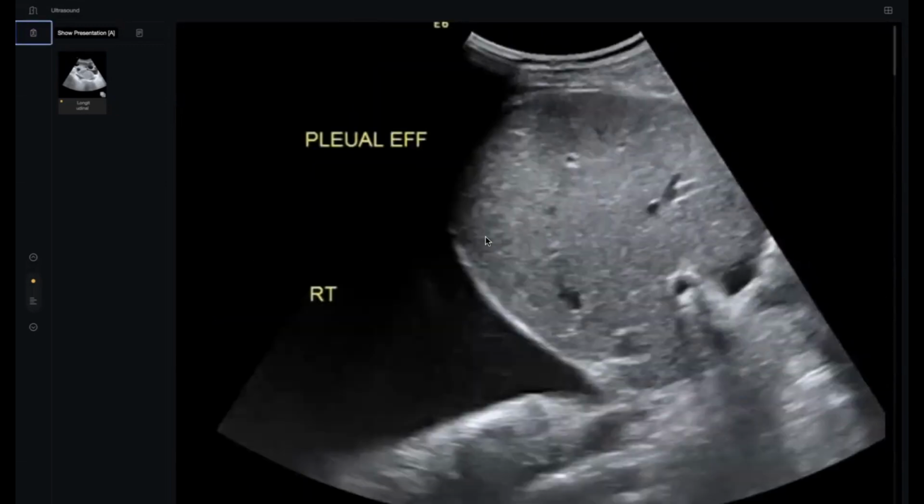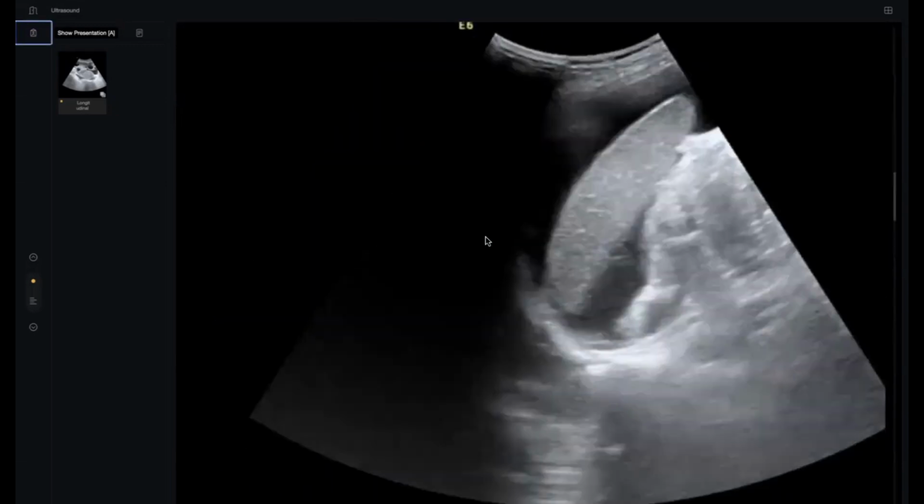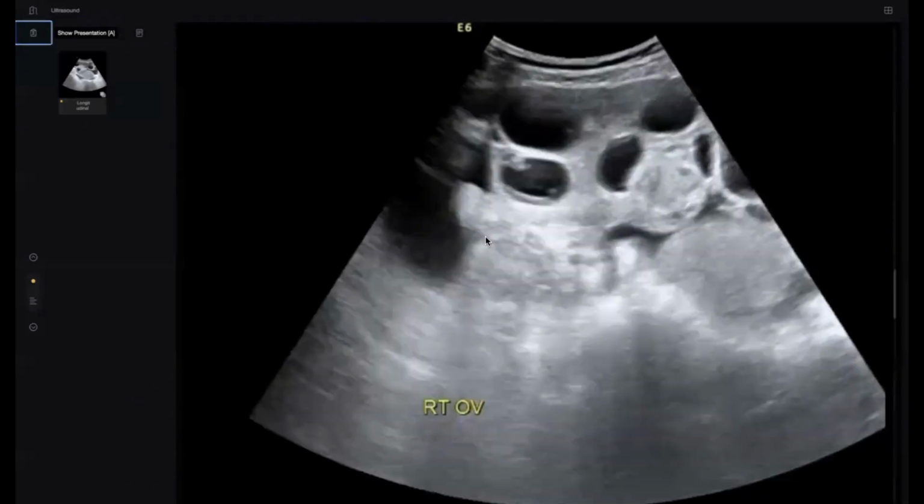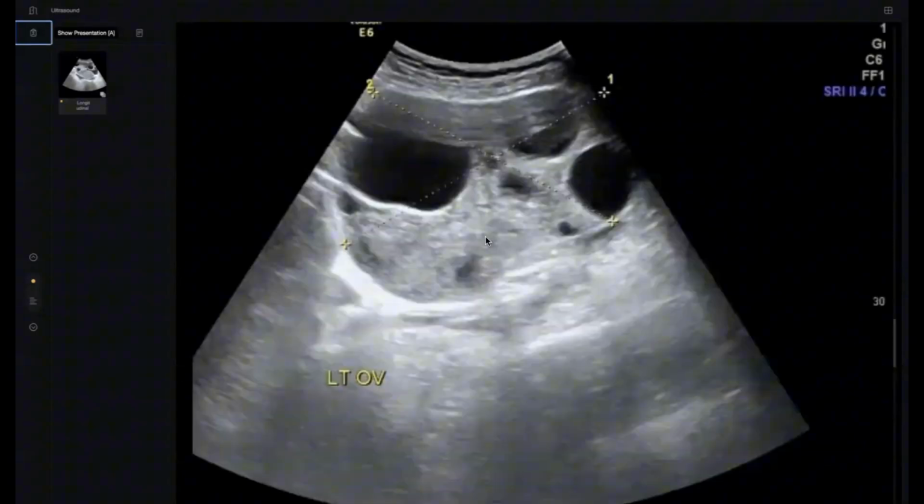Sir, I am provided with multiple ultrasound images. I can appreciate there is huge ascites. The right ovary appears enlarged with large follicles, and the left ovary also appears large.